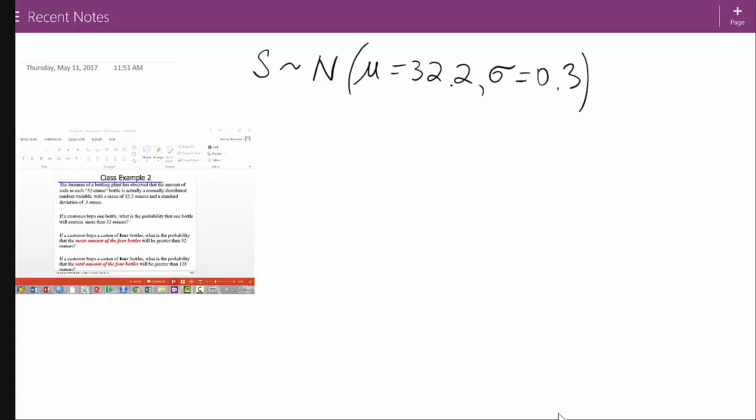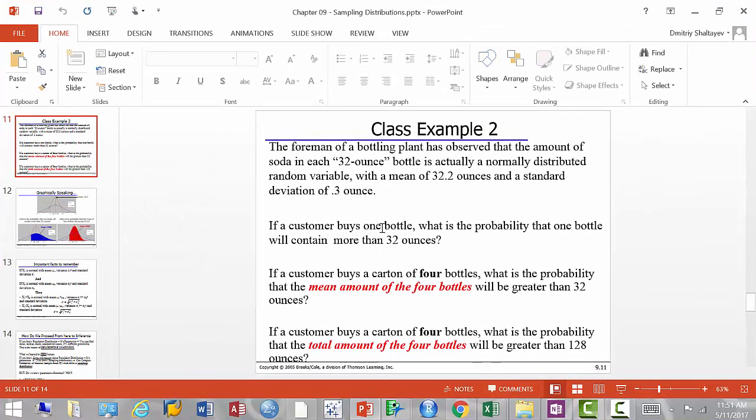So the first question asks: if a customer, Christian, comes today to the store and picks up a 32-ounce bottle, what is the likelihood that he will buy a lucky bottle that will contain more than what's advertised on the label, more than 32 ounces?